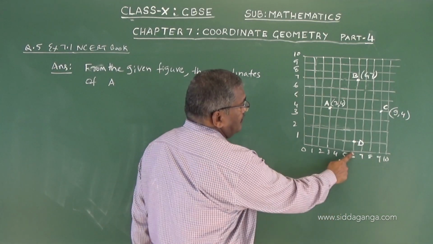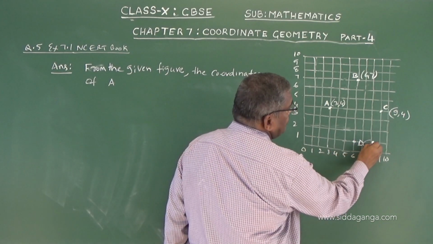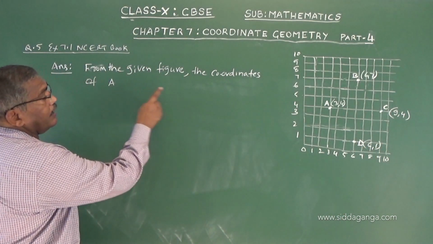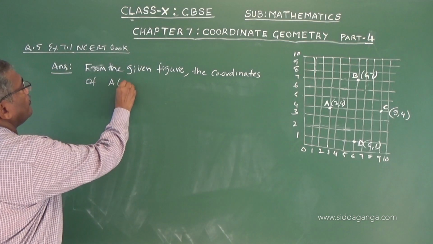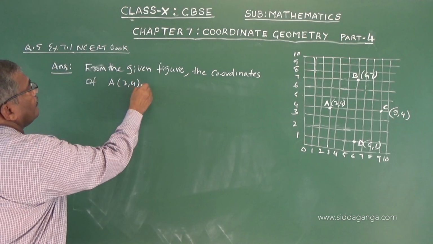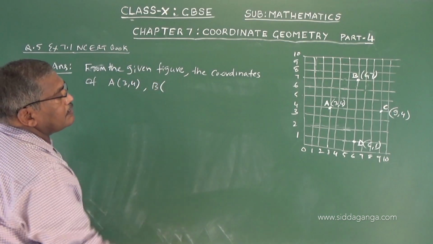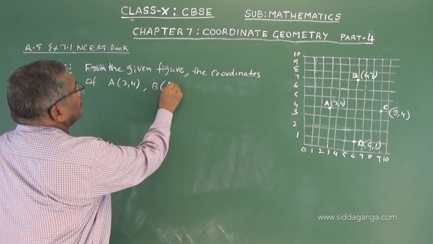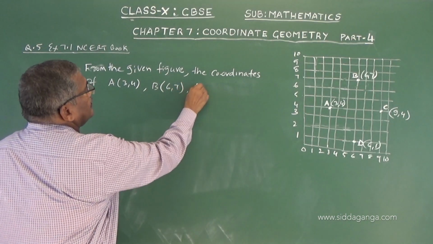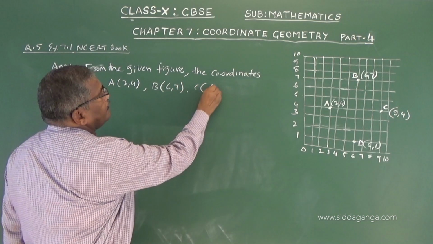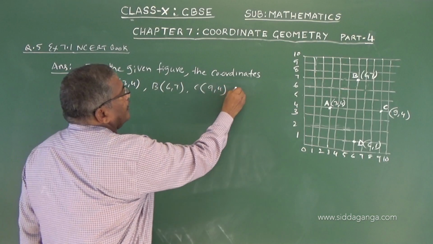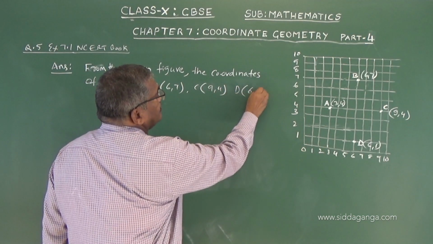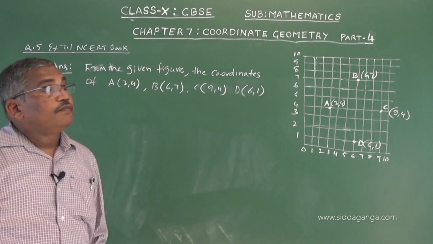D is (6, 1). So these things you have to write here: A is (3, 4), B is (6, 7), C is (9, 4), and D is (6, 1).